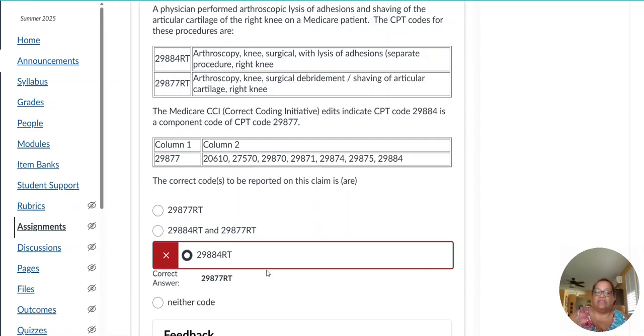But in this case, since those two things happen and one is elevated from a reimbursement standpoint, the shaving is an elevated procedure. It's going to give more money to the surgeon, and CPT is telling us, and the Correct Coding Initiative is telling us, that 29877 includes 29884.